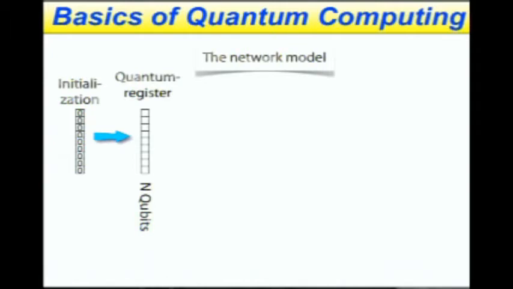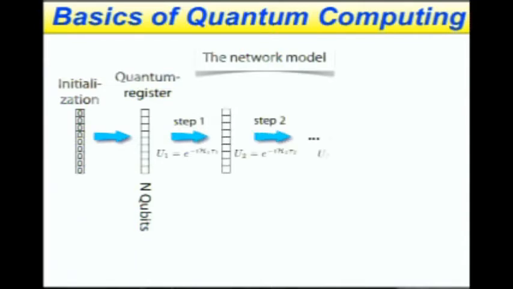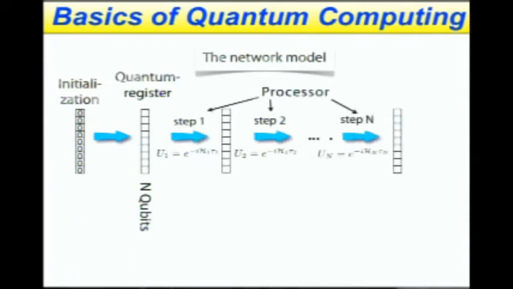So you have to initialize it, for instance, with the number to be factorized, and the rest of the qubits, maybe you enter 0. And then you do the processing, the logical operations, and these logical operations in a quantum computer correspond to unitary transformations driven by some Hamiltonian, H1 for the first step, H2 for the second step, and so on.